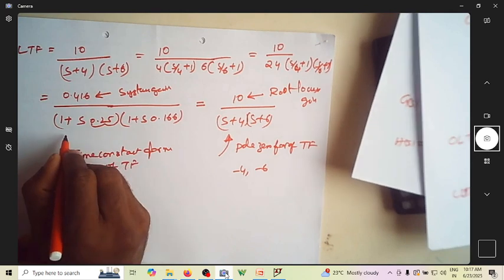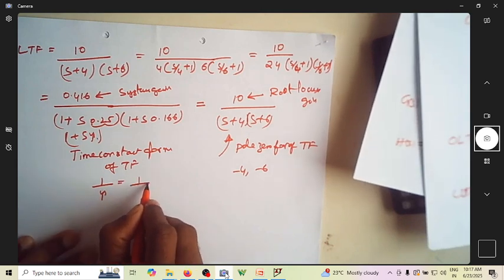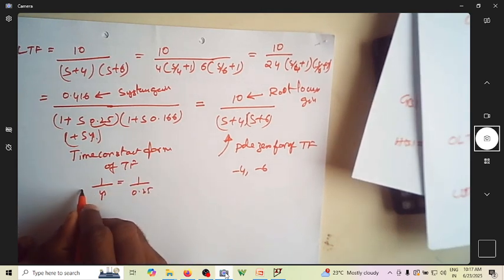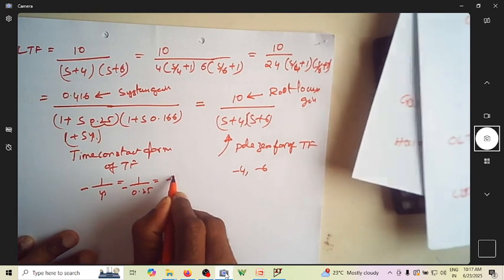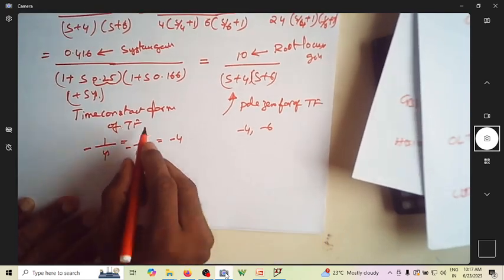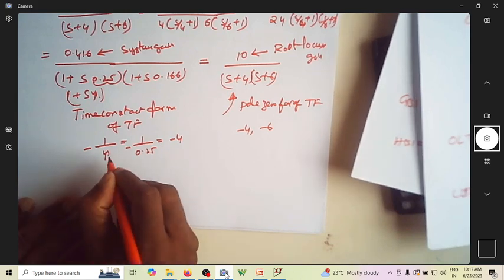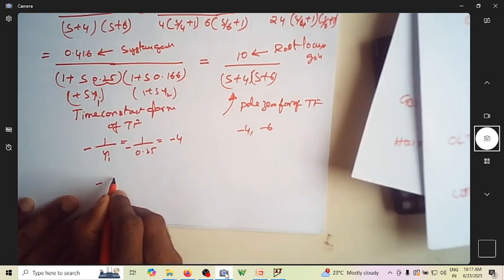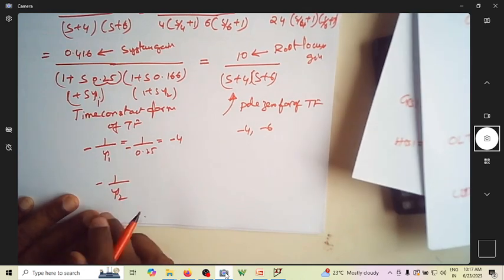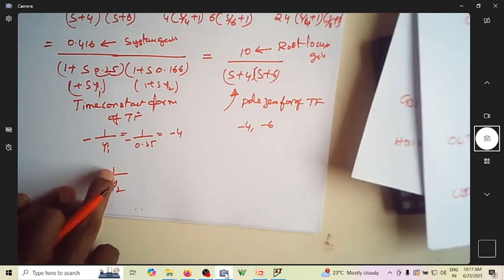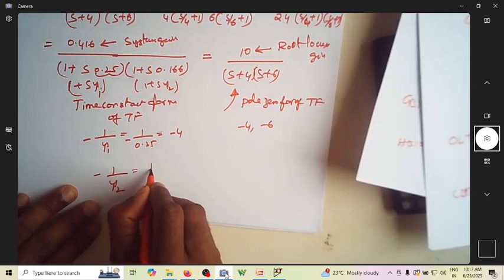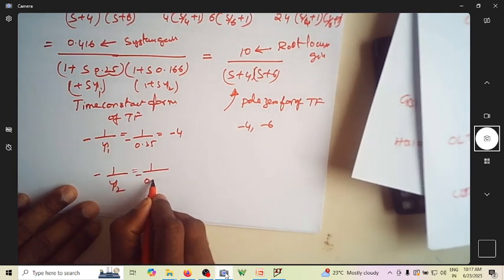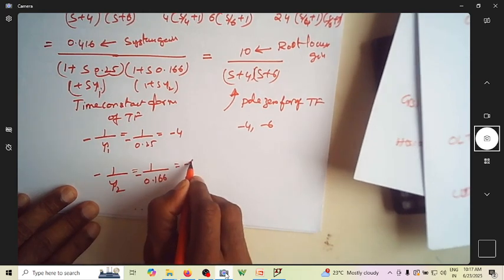This is in the form of 1 plus s tau 1, and the second is 1 plus s tau 2. In the S-plane, the pole position is minus 1 over tau. So tau 1 is 0.25, and the pole is at -4. For the second, 1 over minus 0.166 is nothing but -6.